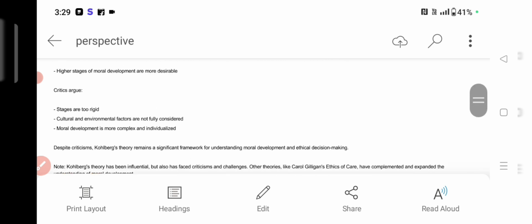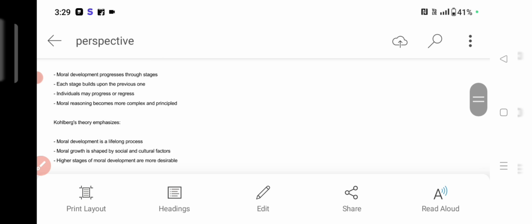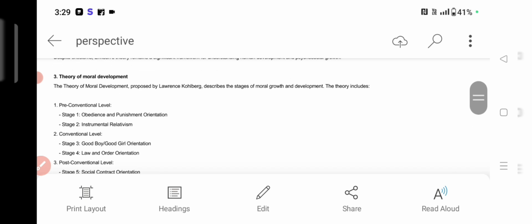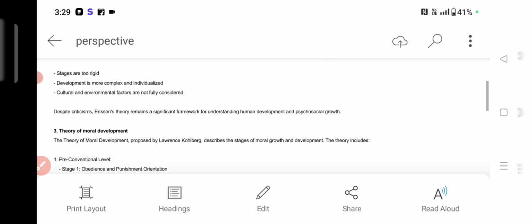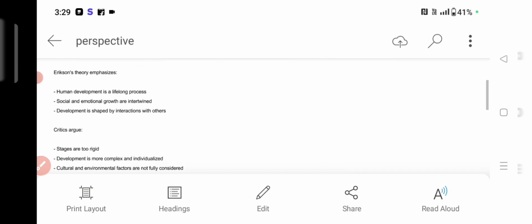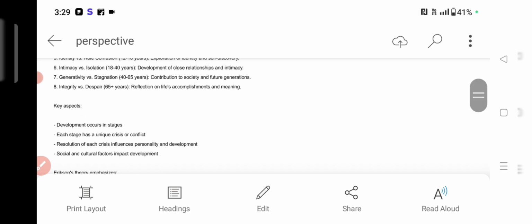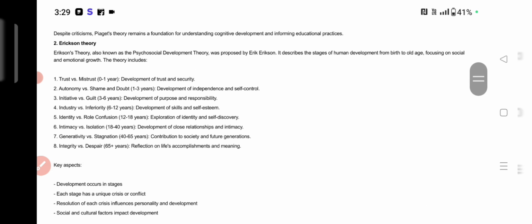So you need to remember each and every keyword here. Whatever the theory and whoever the philosopher who proposed it, it is very important. Also the age groups and the concepts they have given are very important, because they are asked in the question papers of TET and DSC also.